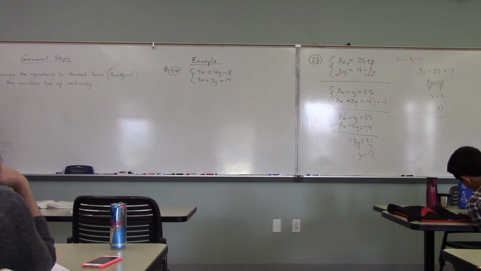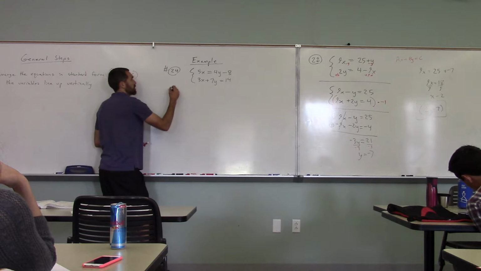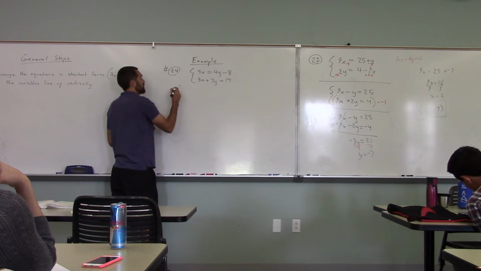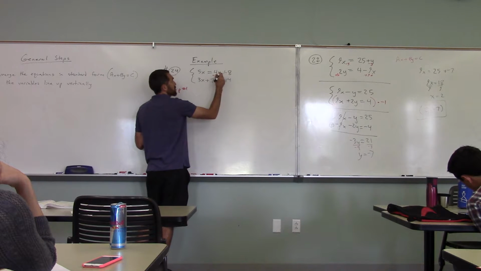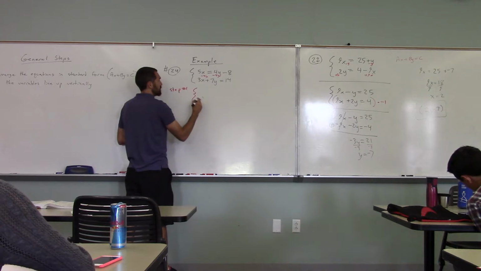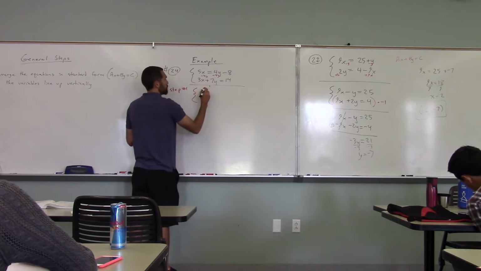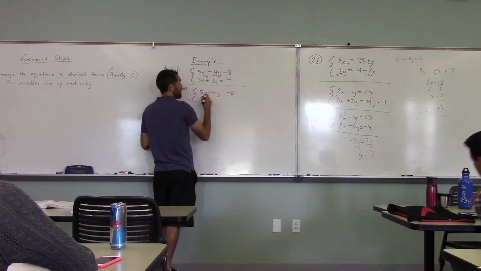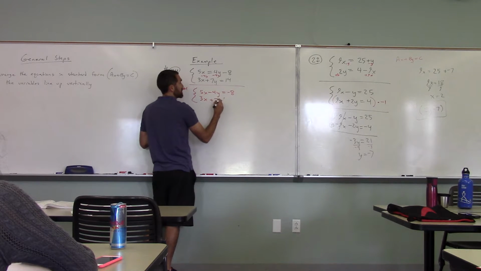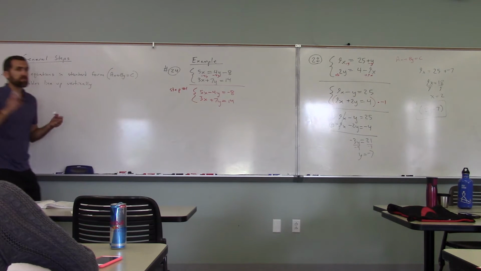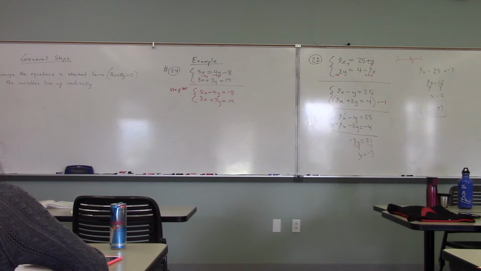Okay? So for my step 1 over here, I'll do it in red. I'm going to just subtract my 4y from both sides, and we get 5x minus 4y equals -8, 3x plus 7y equals 14. So first I just need to rearrange it so they line up.